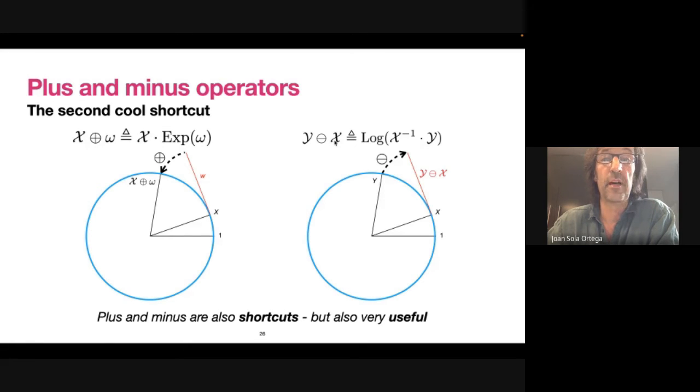These two operations, one is the reverse of the other one. Here you have a group element, and you can add some increment in the form of a vector to get another group element. Here you have two group elements, and you want to find the difference between them, and express this difference in the form of a vector.